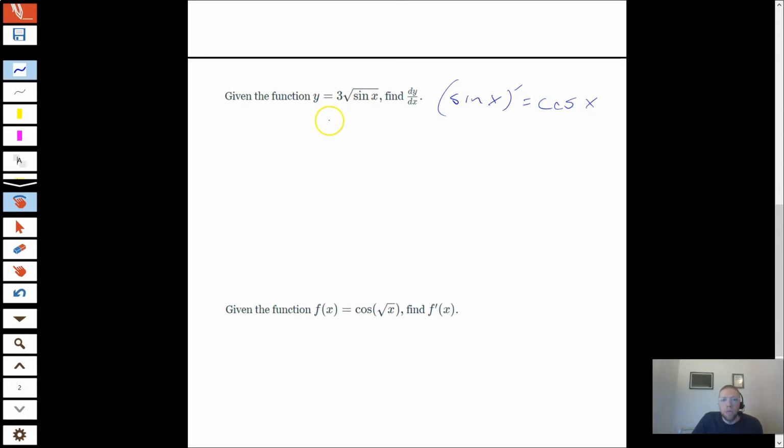And then what I can do, right, is I can rewrite y as 3 sine to the 1/2 power x, because that's the same as the square root, right? And then I use power rule. So then 1/2 times 3 is 3/2. Sine, I subtract 1, to the negative 1/2 x times the derivative of sine, because sine is the inside function. So we're doing chain rule here, so times cosine x.